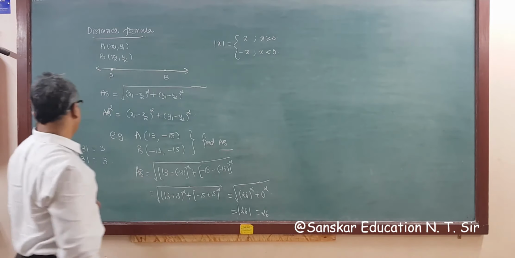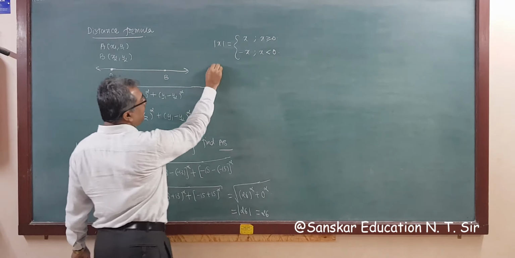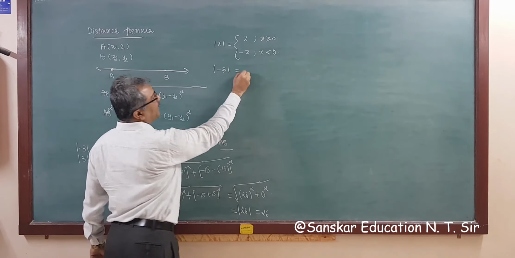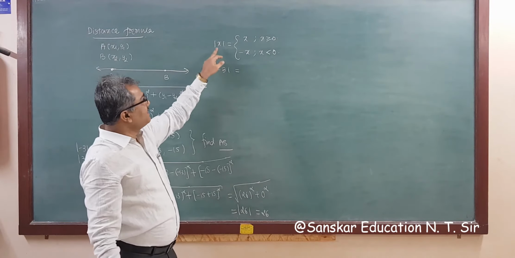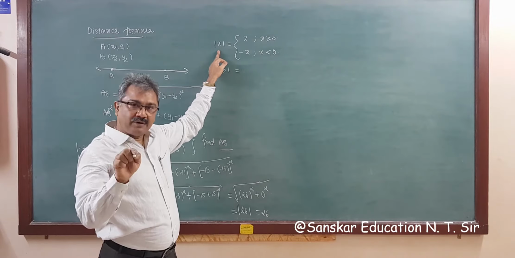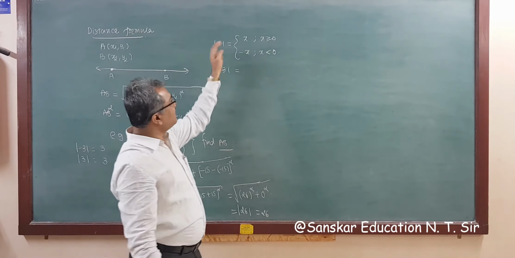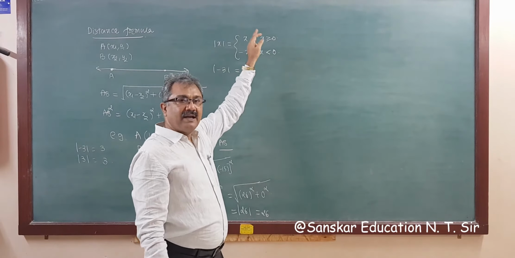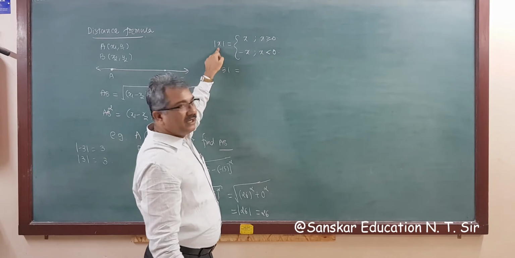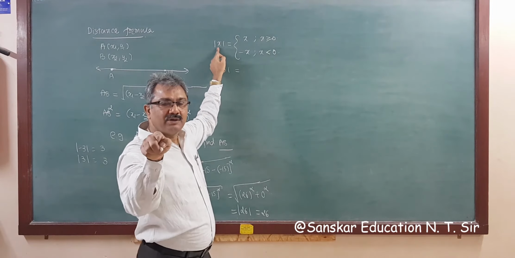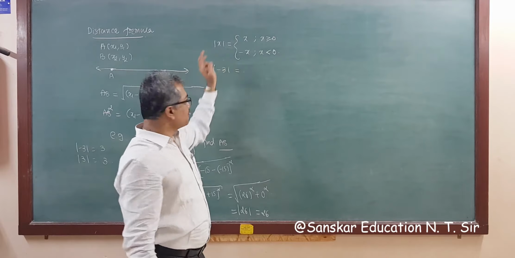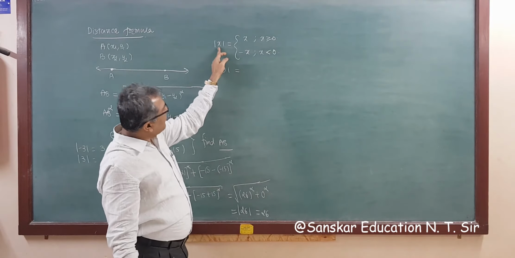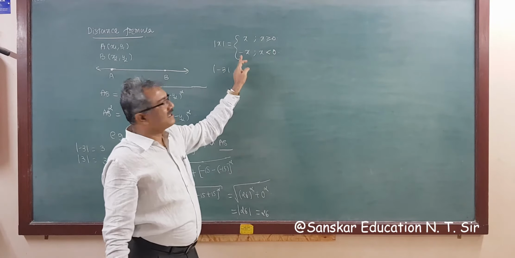Now see here, this is modulus of minus 3. Again, modulus of x, the answer is x, that is positive x, if x is greater than or equal to 0. If x is less than 0, then the answer is minus x.